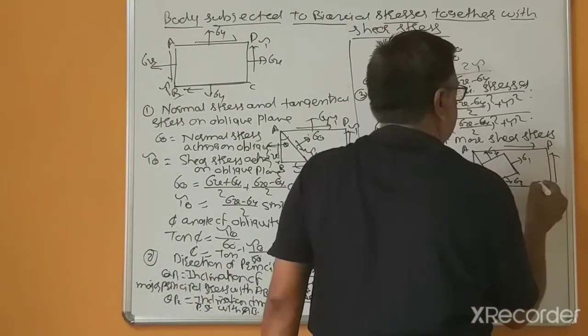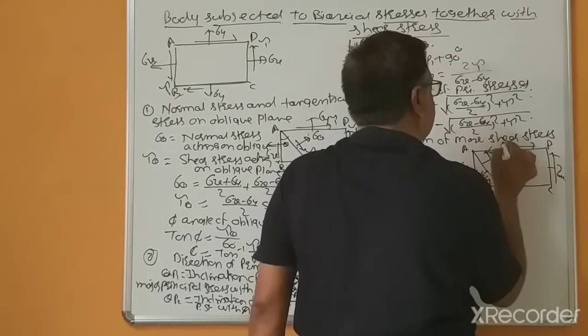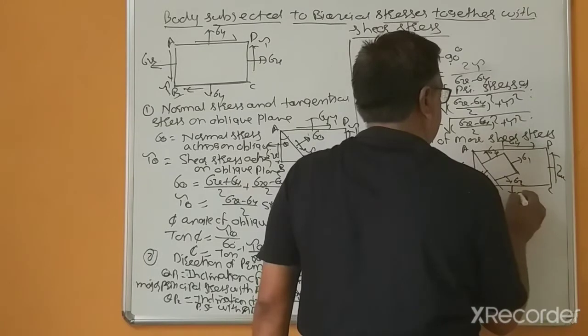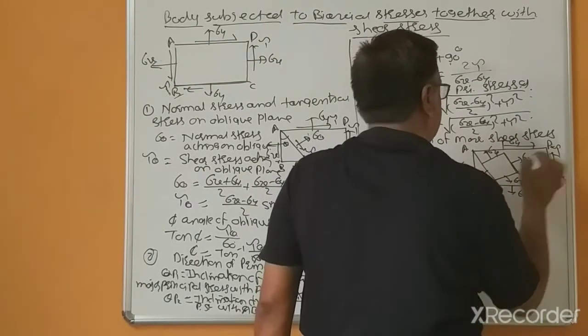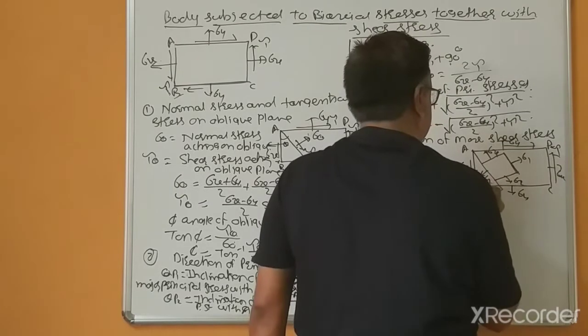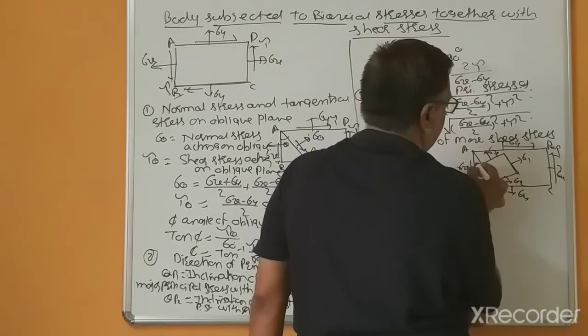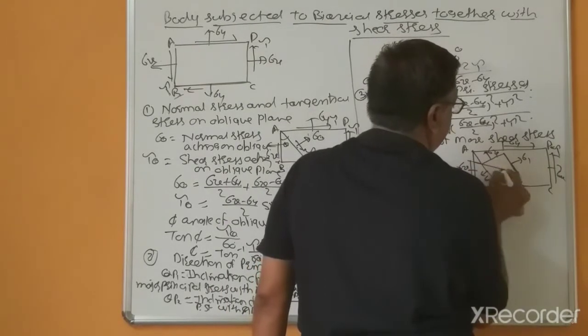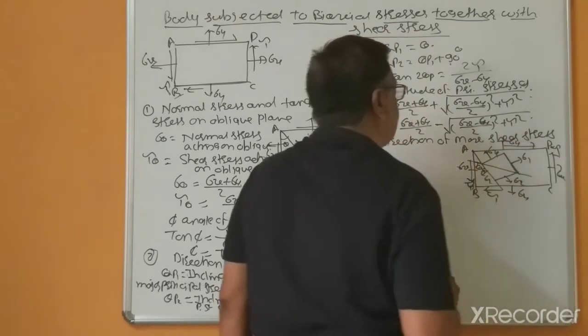Shear stress: sigma x, sigma x, sigma y, sigma y, and this is tau. This is tau. Now this angle made is theta S1.